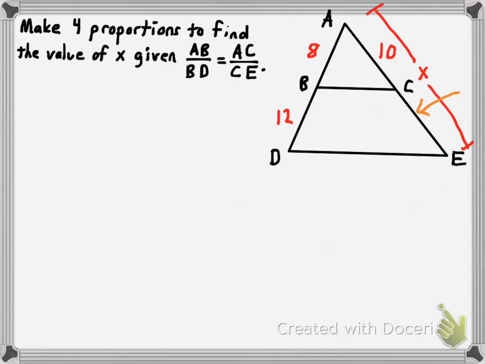First, I'd have to know how long the bottom side is, and the bottom side, I hope you can see, would be x minus 10, right? I could make this proportion that 8 is to 12 as 10 is to x minus 10.